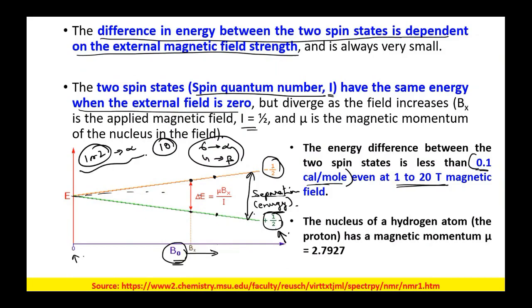What do I mean by excess in the alpha state? Over here, in the alpha state there are 2 excess atoms, and these 2 excess atoms are giving signals for NMR spectroscopy. Are you getting my point? Anyone has any doubt?